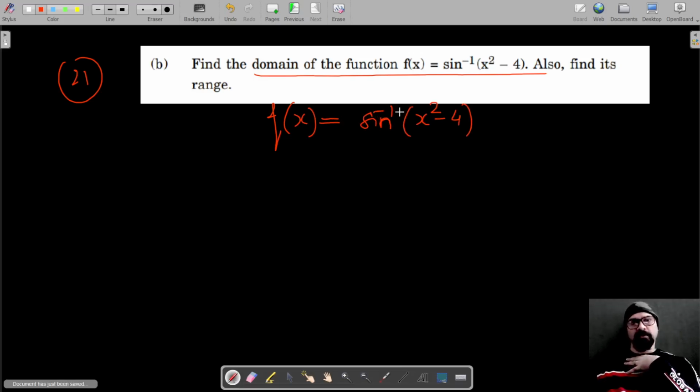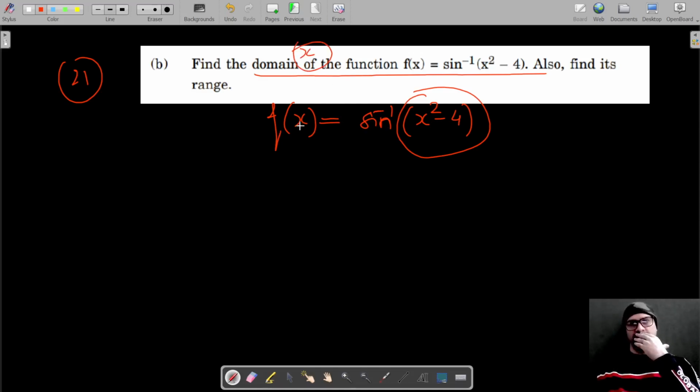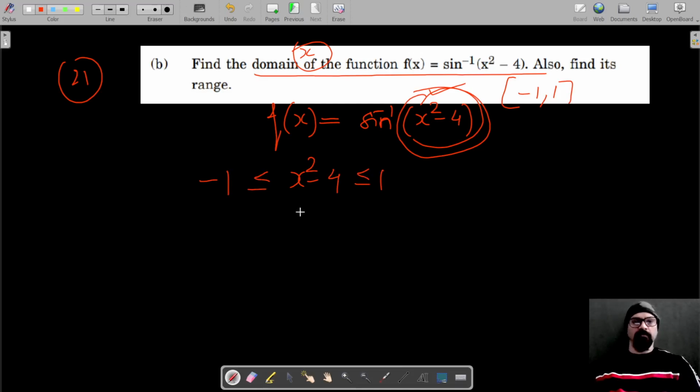Now the domain of the function means that we have to find the values of x. For the sine inverse function, the value of the argument, that is x square minus 4, is always between minus 1 and 1. So that means x square minus 4 is greater than or equal to minus 1 but less than or equal to 1.